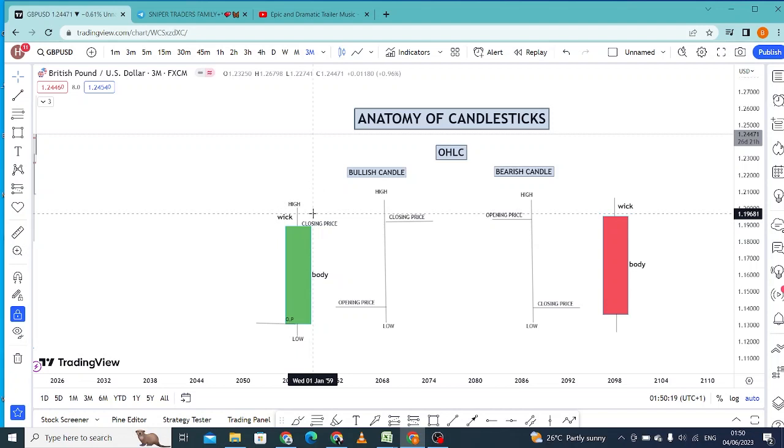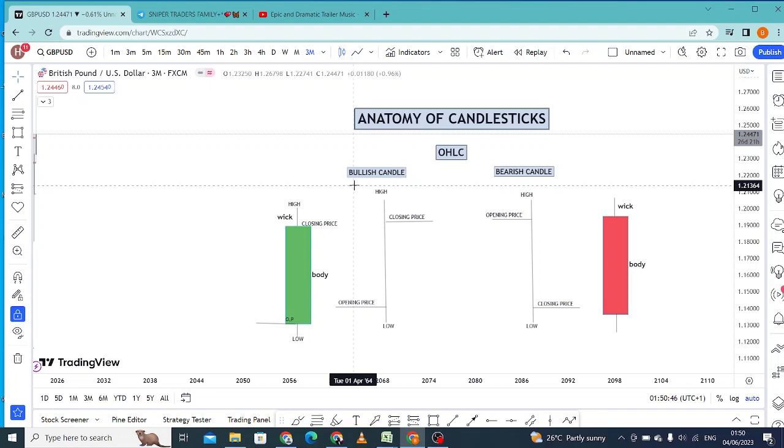Now, in a scenario whereby a bullish candle is printing on the charts, the whole bullish candle is representing what? An economic factor of a country. It's representing the macro, a representation of what is going on in a particular economy.